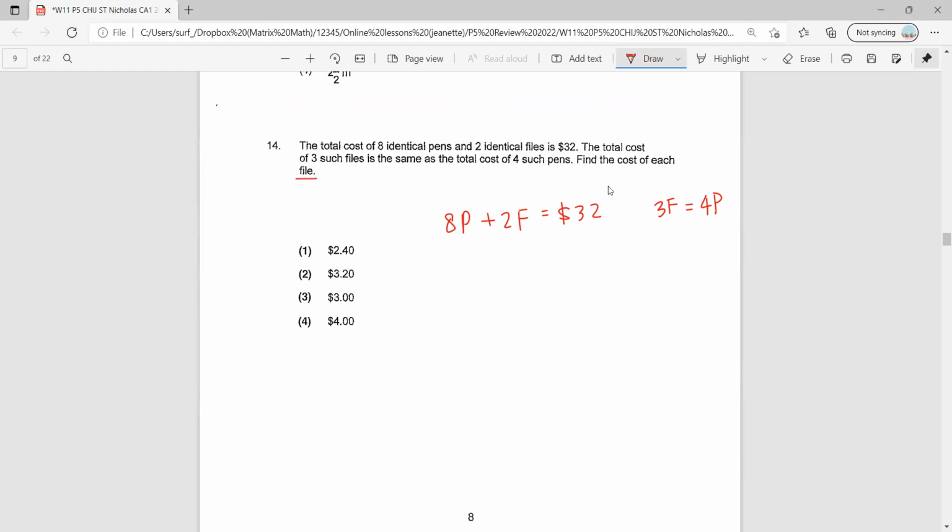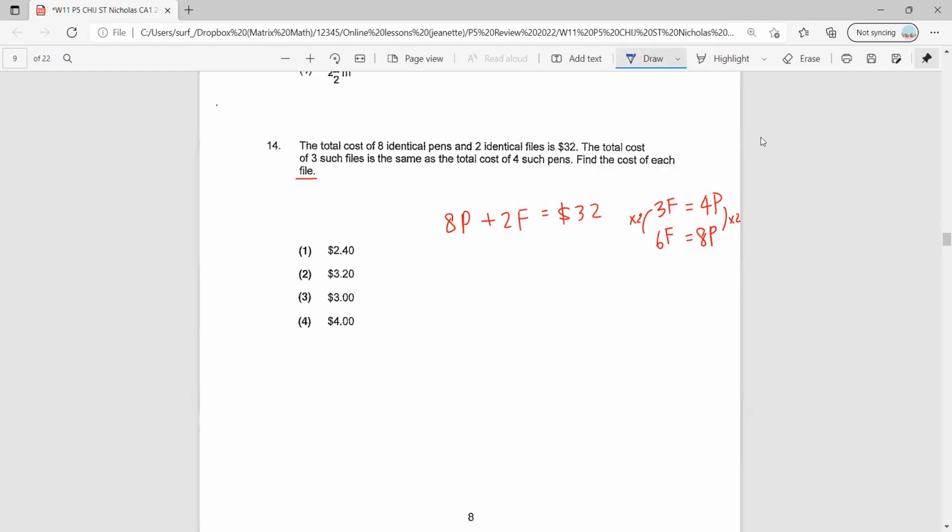So I want to find file, right? Then I don't want pens. I want to change the pens into files. 8 pens will be the same as how many files? 4 pens is 3 files, right? So if you want 8 pens, you have to times 2, which is 6 files.